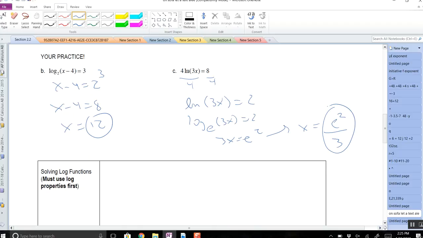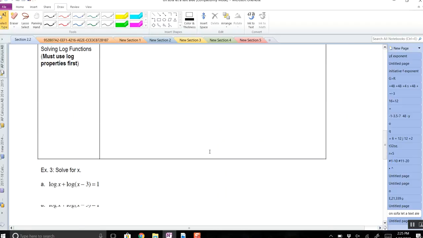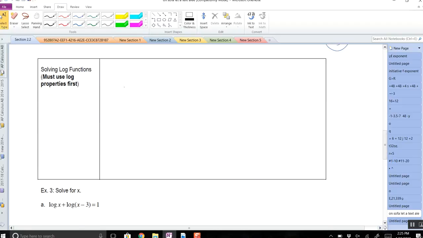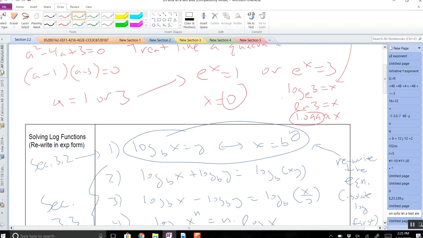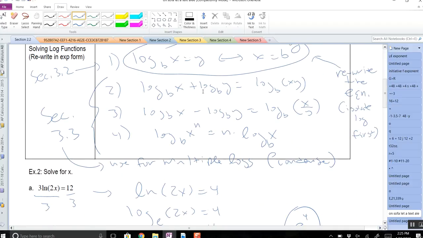Okay, now we get to some log equations that are a little more involved, where you see multiple logs. So you want to use properties 2, 3, and/or 4 from the previous page. On the previous page, just right here, so 2, 3, 4.